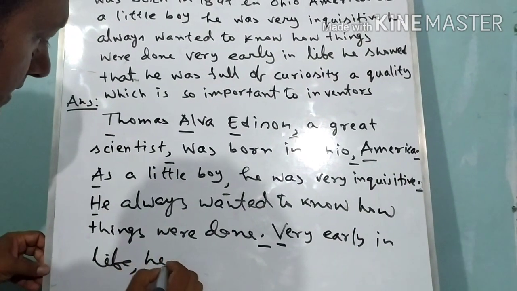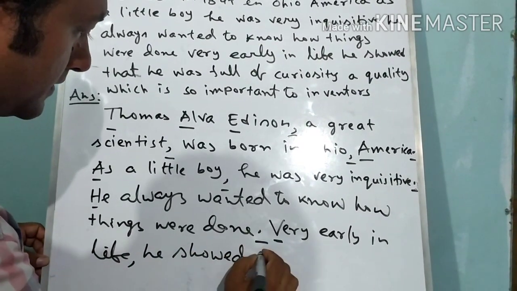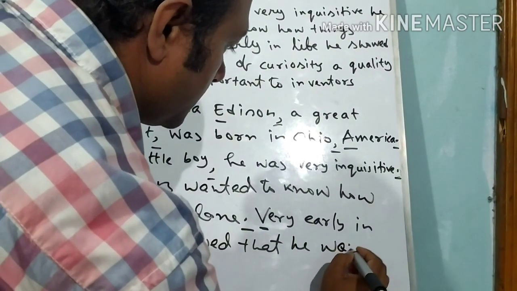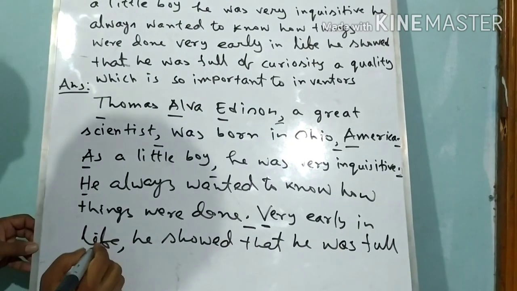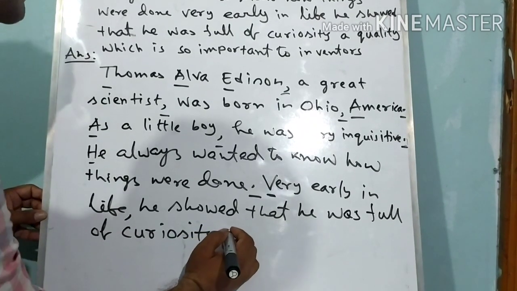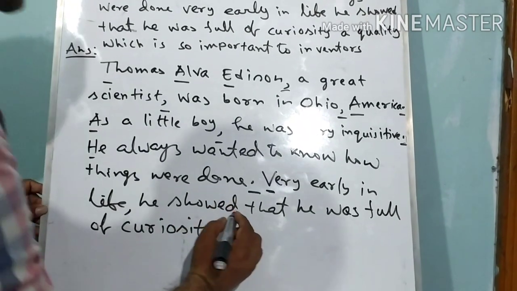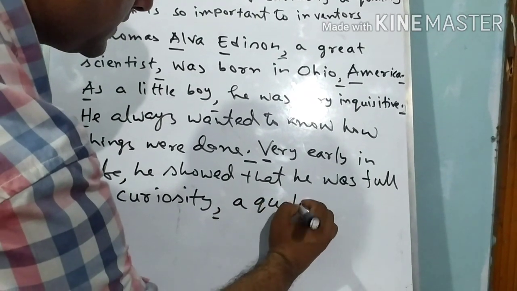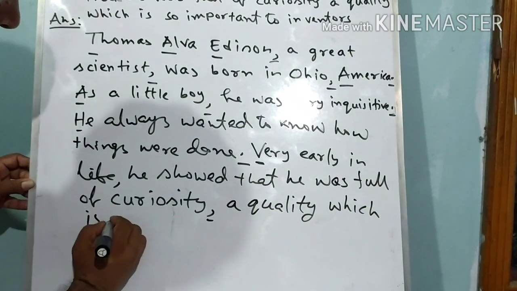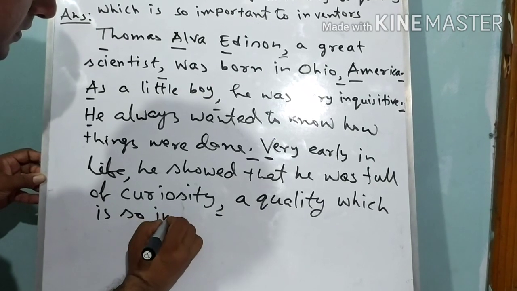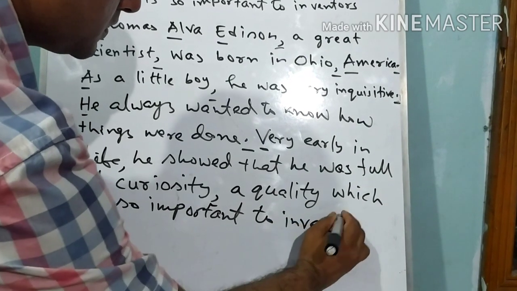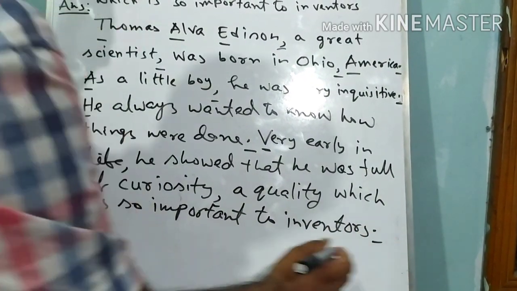He showed that he was full of curiosity, and here will be a comma, a quality which is so important to inventors. Here will be full stop.